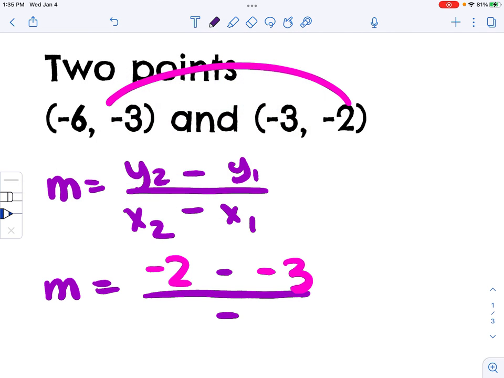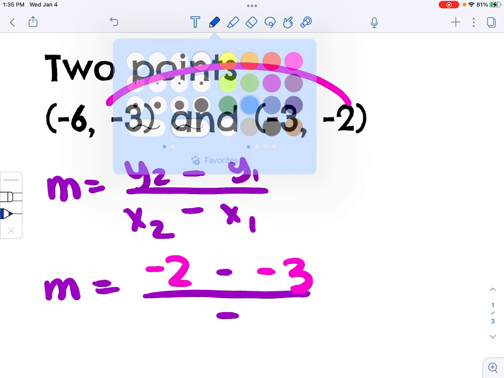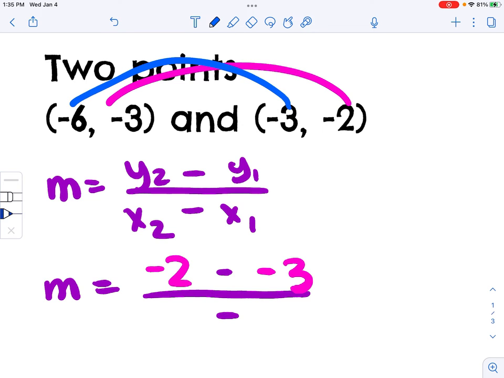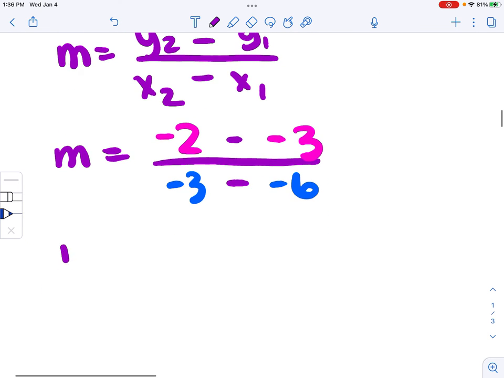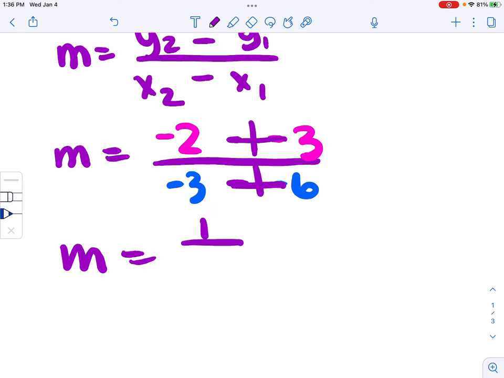And then I'm going to take my x values, and I'm going to subtract those. When I do that, that turns to a plus sign. So that's 1 on top. That turns to a plus sign there. And that would be 3 on bottom.